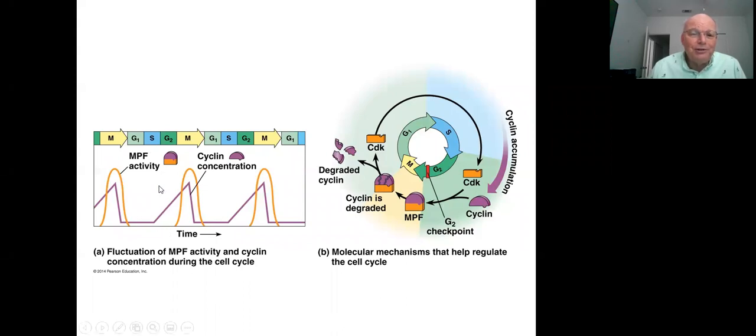It's one of the things that occurs during the S period, so that during the whole of G2, cyclin concentration is increasing. The appearance of MPF starts to appear. When both reach that threshold level, MPF activity triggers the beginning of mitosis by activating the components that are necessary for the beginning of mitosis.